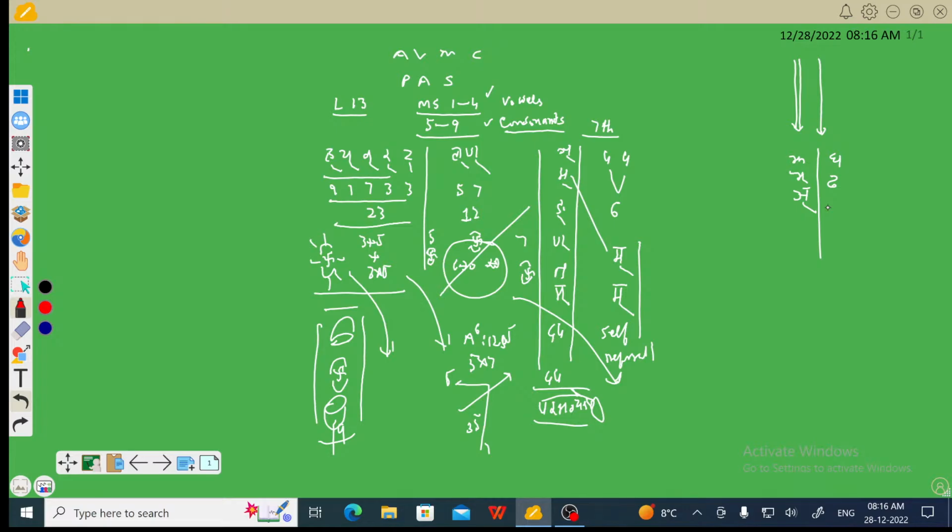See, this is 5, this is 8, and this is 6. See, 19. Here is 4, here is 6, here is 7. And this takes us to 6 as Anubandha. This is 23.